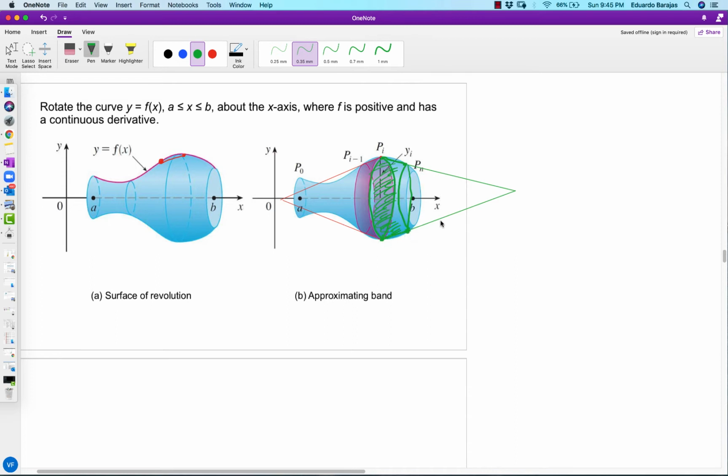And then if I extend those out in this direction, again, we have this green cone. And again, we have the surface area of a little piece of that cone, a band of that cone, which could be this part over here. Okay, and we can keep going, and together all these little pieces of cones can be glued together to give you an approximation to the actual surface area that we're interested in.